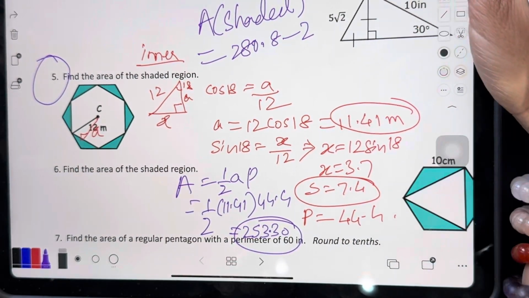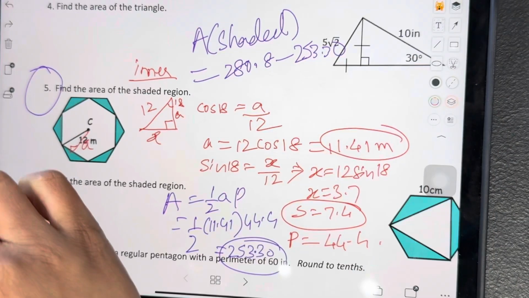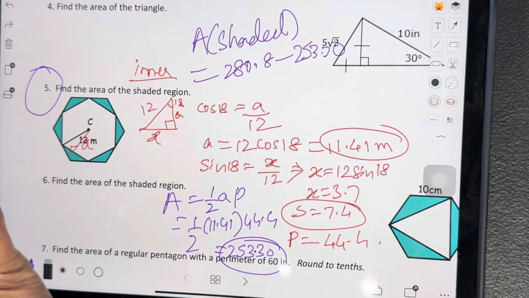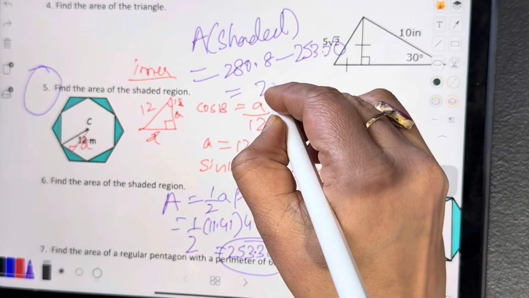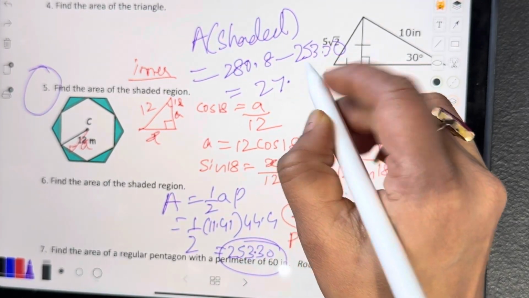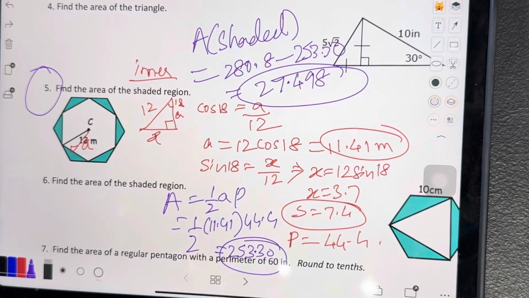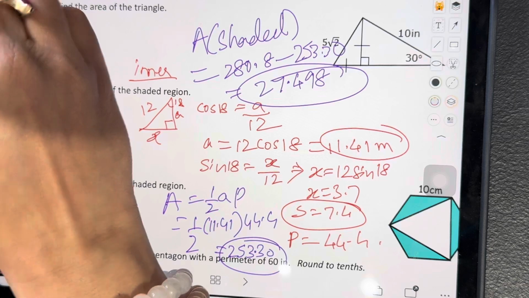I hope it is visible what I'm writing. 280.8 minus 253.30. So I got the answer as 27.498 or 27.5. I don't know if that is the answer or not, but you guys can check it. That is for the 5th question.